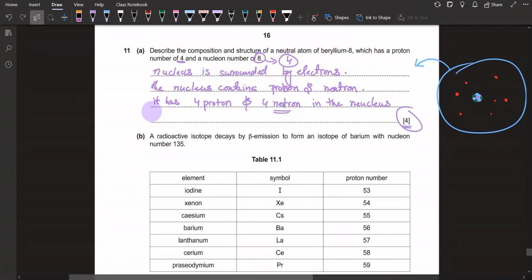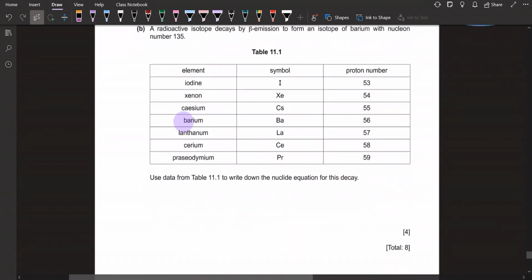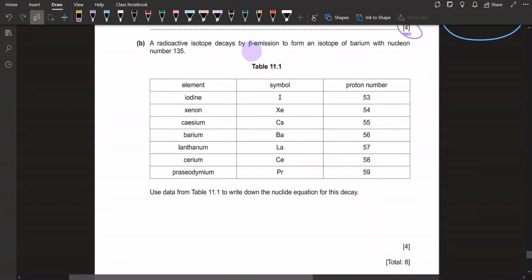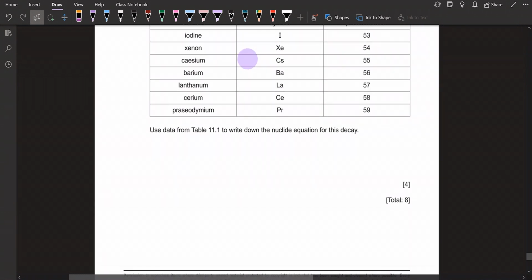Part B says a radioactive isotope decays by beta emission to form an isotope of barium with nucleon number 135. So we get barium as our product, and we have beta emission as a product as well. So we can write down here that in the product we have Ba plus a beta particle. Now we can write the nucleon number and the proton number.